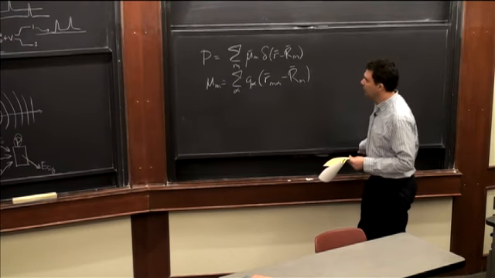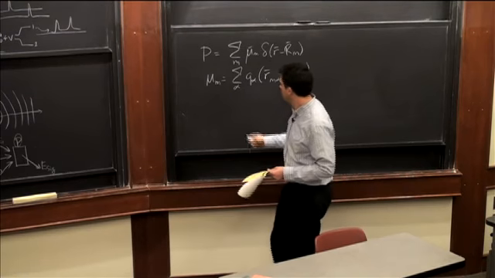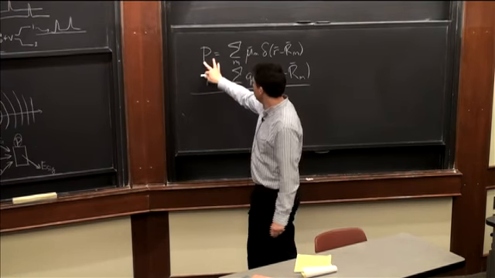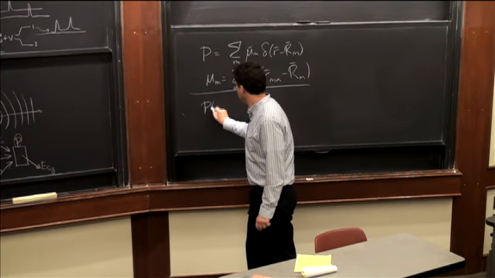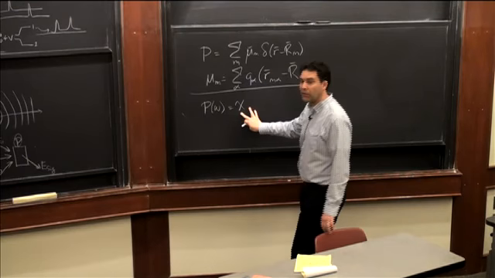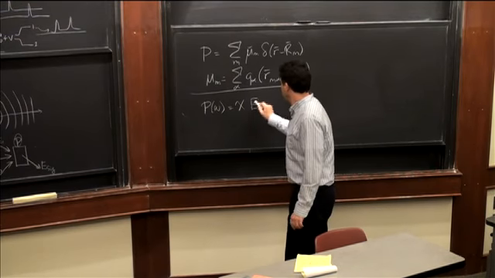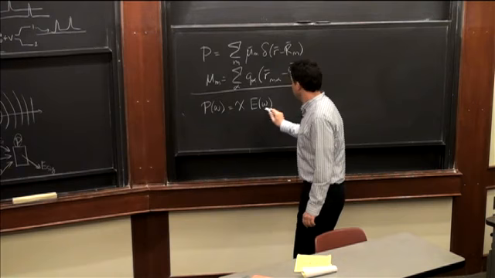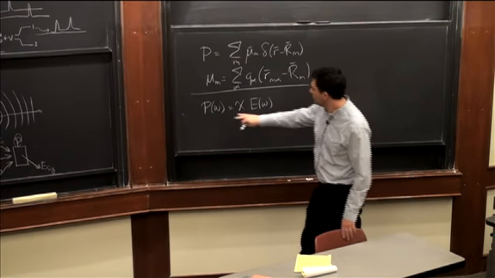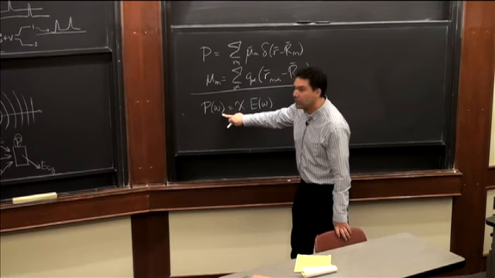In the case of linear spectroscopy, we associate the polarization as related to the susceptibility times the incident electric field. So this is a frequency domain representation of how we describe the polarization.